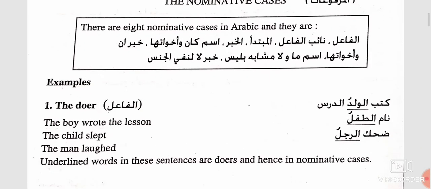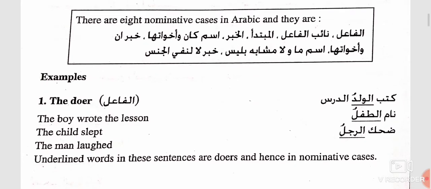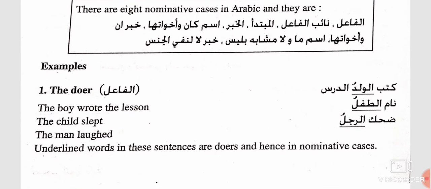Just have a look at the examples. First one, what we studied, is fa'il. The first thing that is getting raf is fa'il. So whenever a fa'il comes with a verb in a sentence, it would be raf, marfu or nominative case.